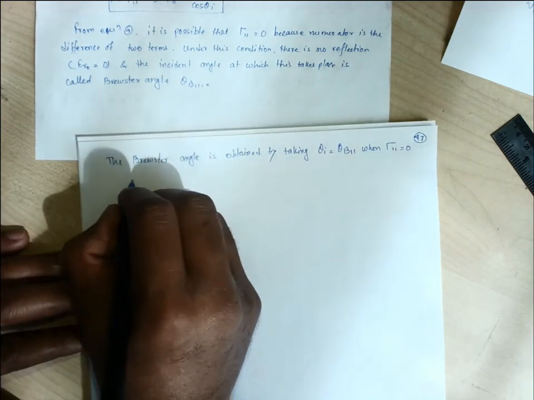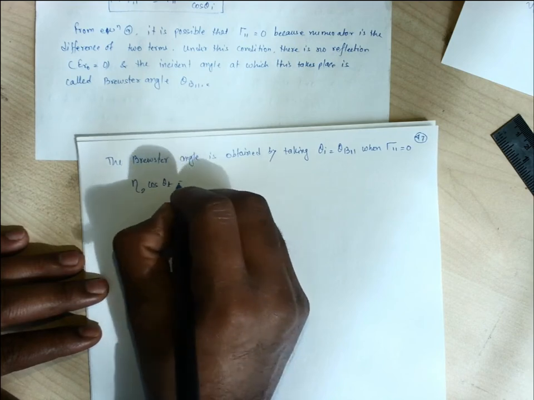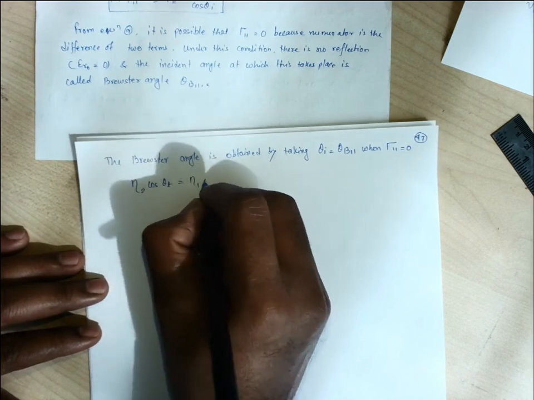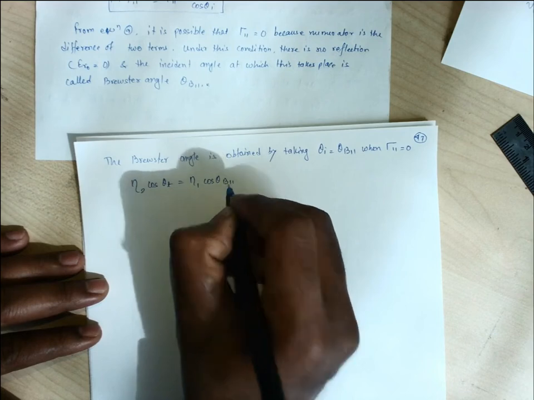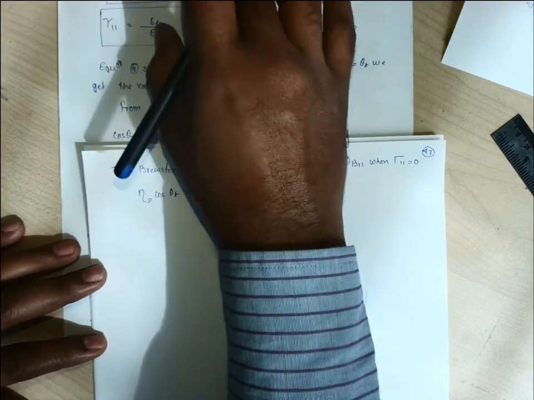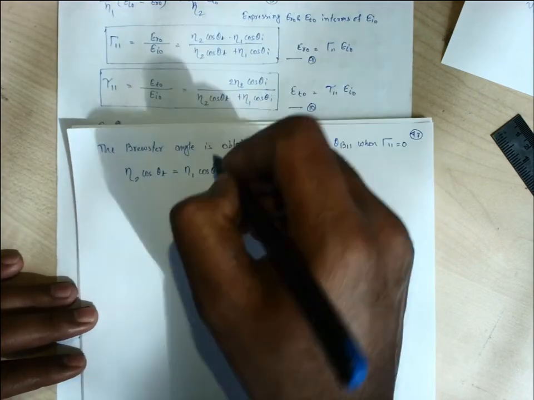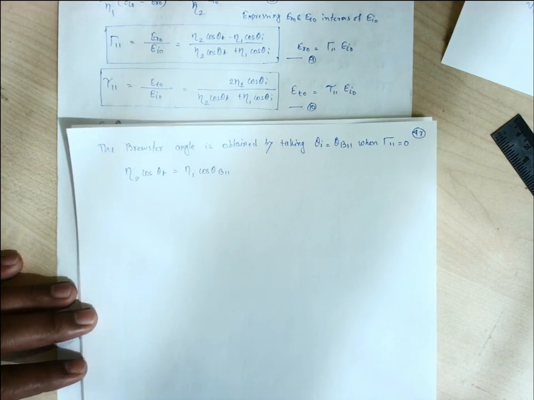That is, eta 2 cos theta t is equal to eta 1 cos theta b parallel. That is our numerator for this case. Right? This is the incidence. Incidence angle has been considered as theta b parallel.